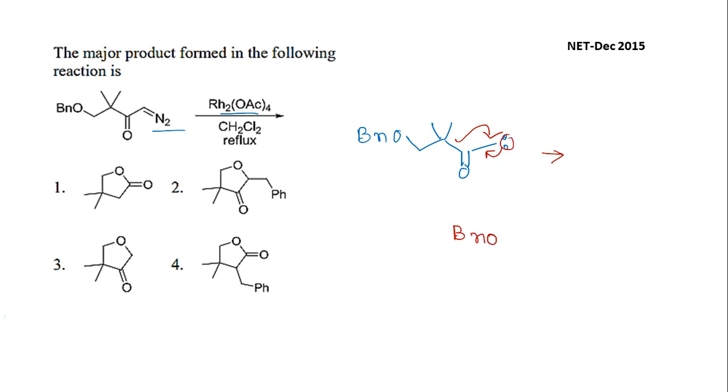So BnO-CH2, here we have 2 methyl groups, and now this carbon will be connected with this one. So CH, then C, then double bond O. Now there will be ring formation.